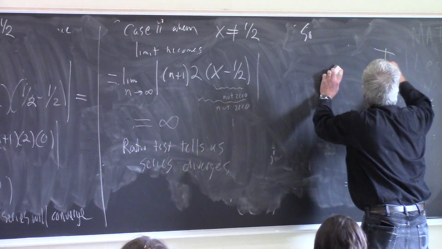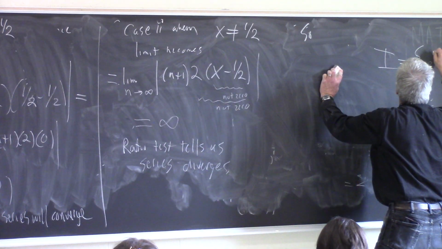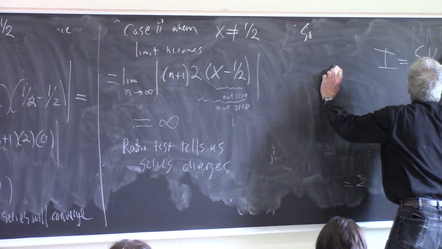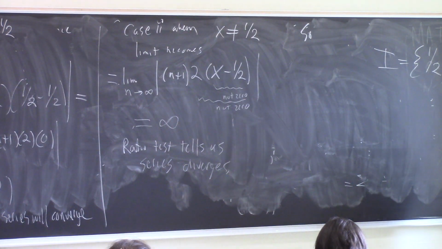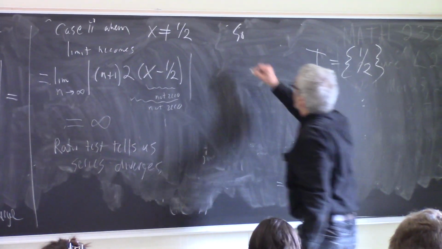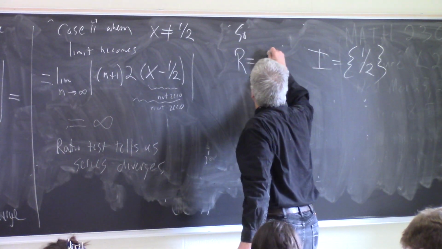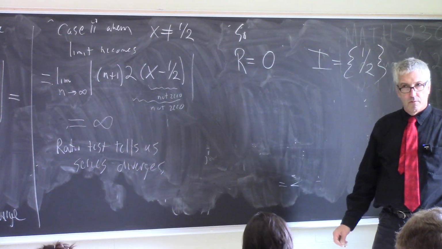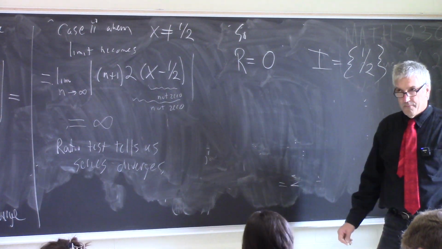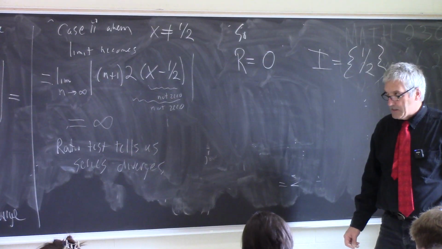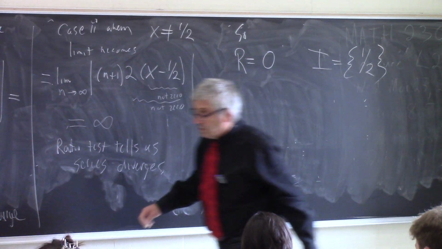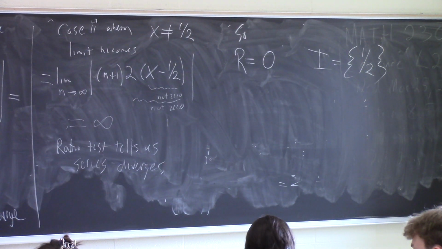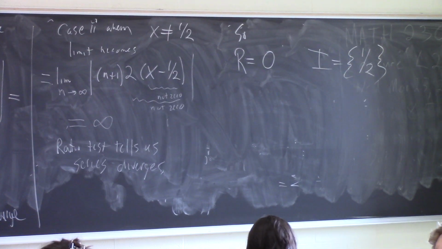The interval of convergence, that is the domain of the series, is just the set that contains the single number 1/2. And so the radius of convergence, that is, how far can x get away from 1/2? It can't. The radius is 0. That's example 2. Example 3.